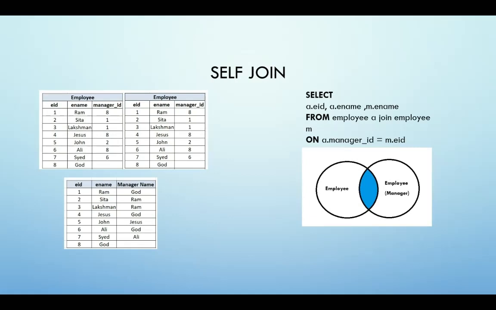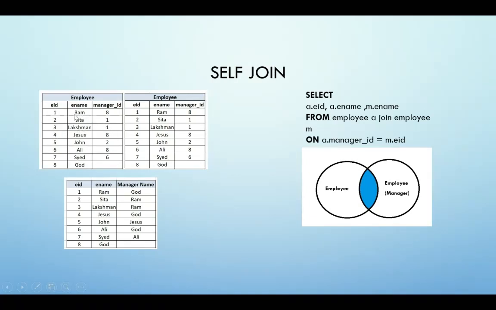In the output over here, I am planning to retrieve employee level information and also the manager level information for that particular employee. I have taken 8 records in my employee table and I have the related managers for all of them. For employee 1, Ram, the manager is God. For employee 2, Sita, the manager is Ram. For employee 3, Lakshman, the manager is again Ram.